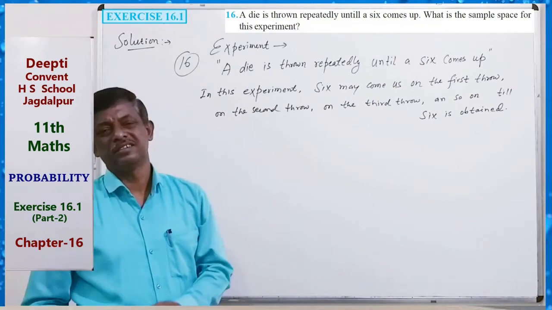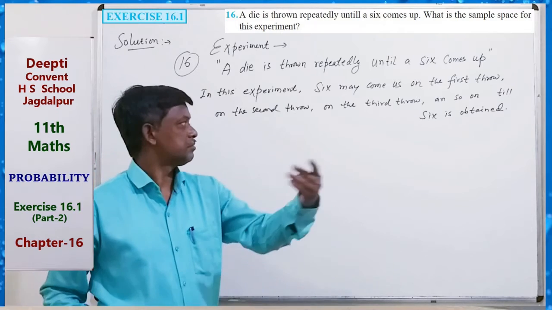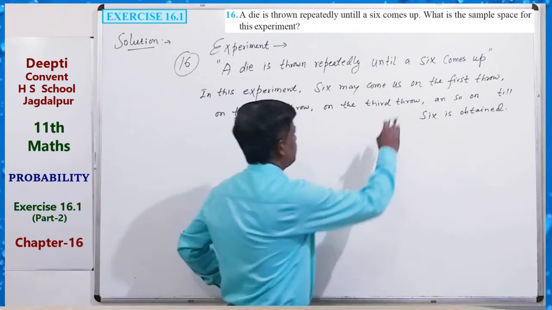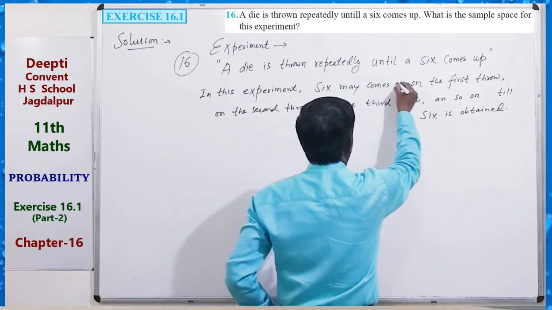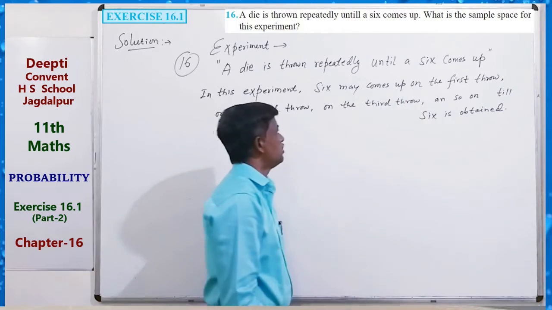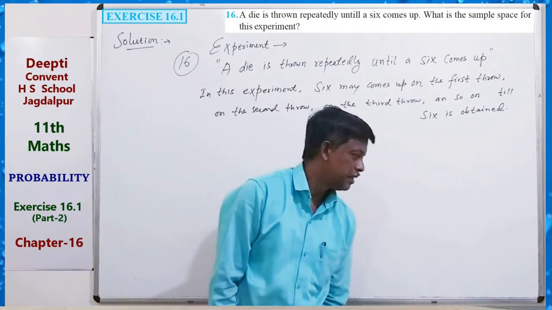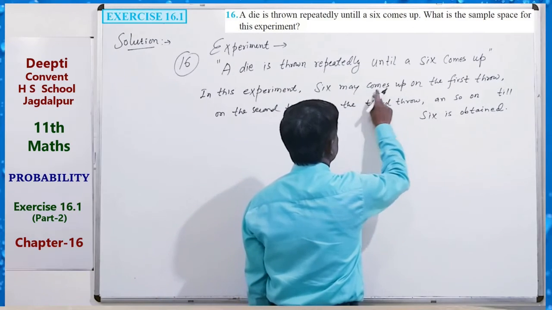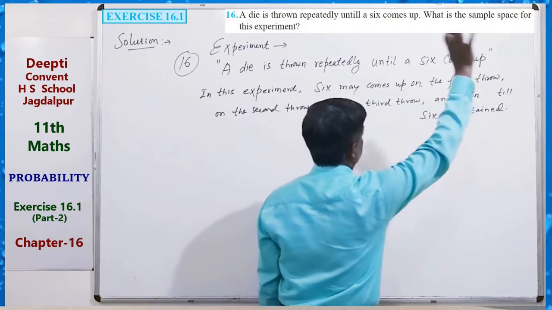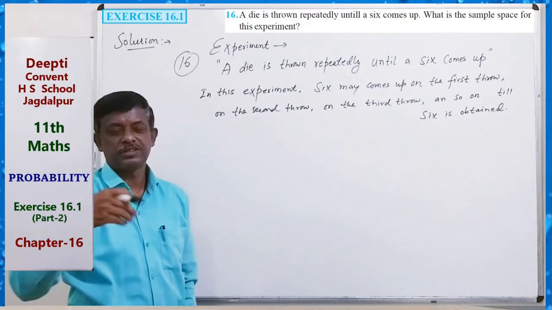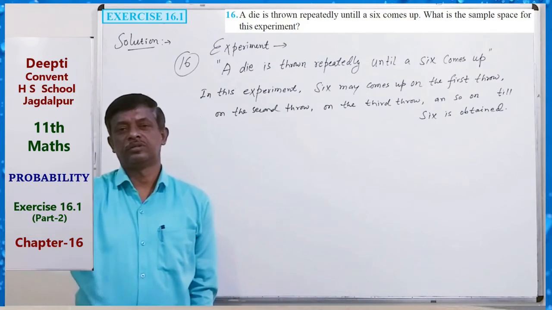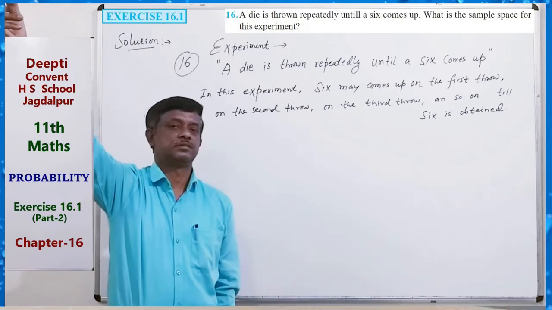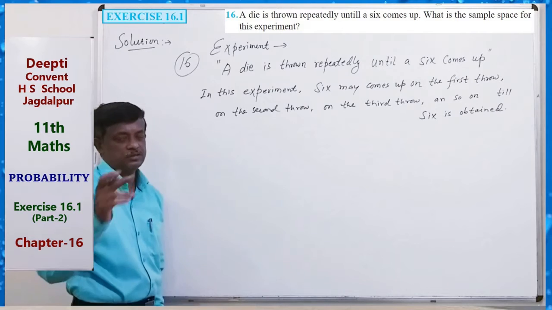We can write it like this: 6 may come up on the first throw, second throw, third throw, and so on till 6 is obtained.